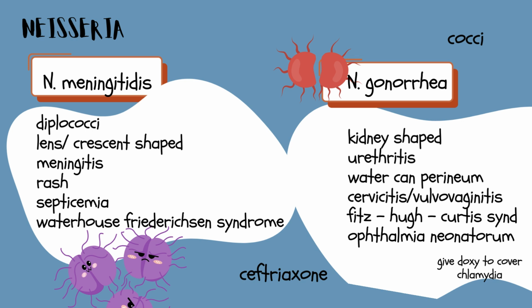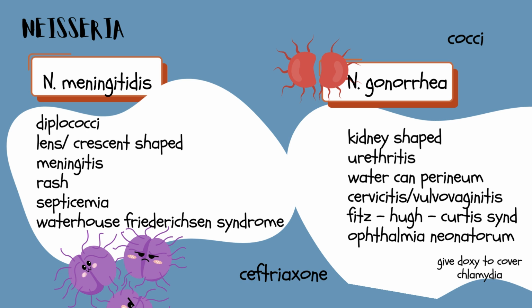Think of Neisseria meningitidis. It can cause Waterhouse-Friderichsen syndrome. And Neisseria gonorrhoeae is kidney shaped. It can cause urethritis, and in males it can cause watering-can perineum. In females it can cause cervicitis and vulvovaginitis.